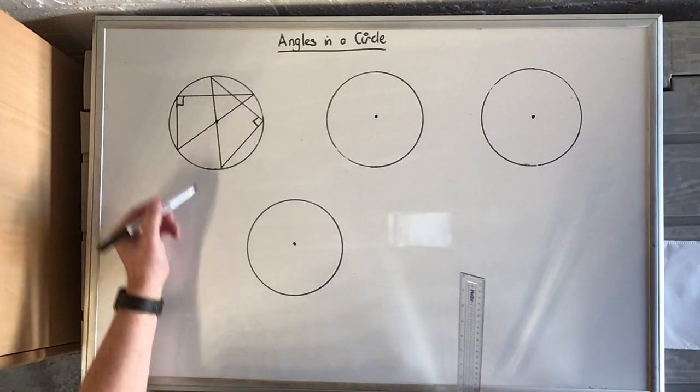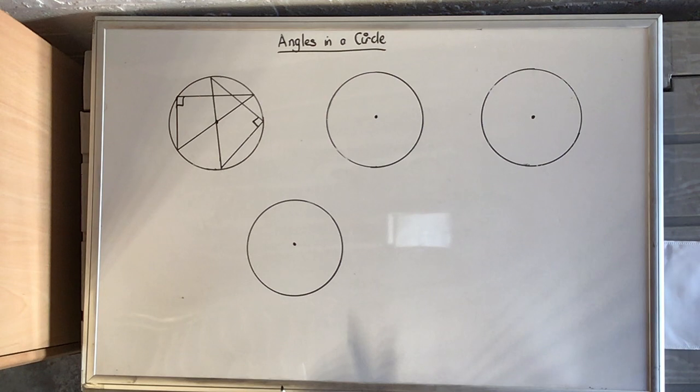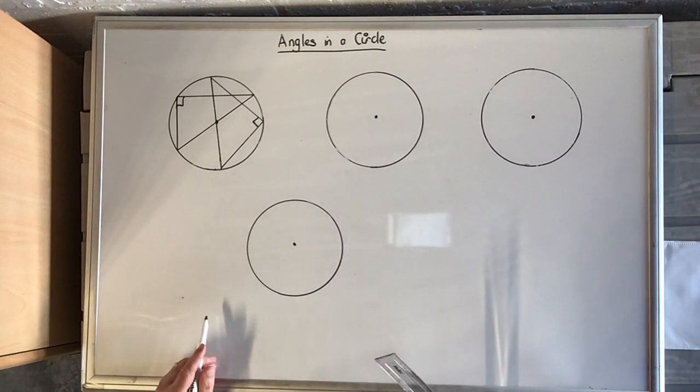And you can imagine all sorts of things I can put in there, I can give you some angles here and find out other angles and things like that. Okay, so it comes up an awful lot, so please be aware of it.